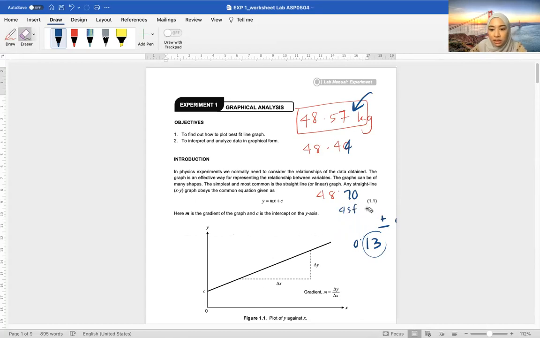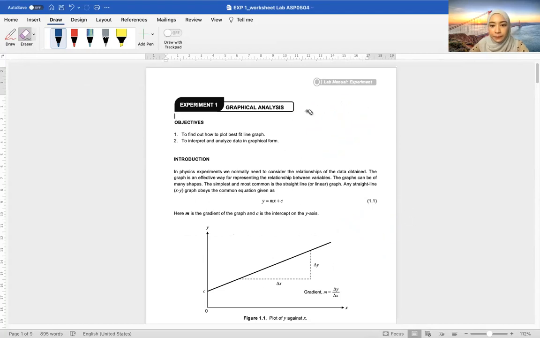What if my weighing scale is like old school gila and it only measures up to 1 kilogram, right? So my weight is supposed to be 48. Contoh ni bukan weight saya yang sebenar. 48 kilogram. I'm reading the scale and it shows me 48 kilogram. But on other days, it fluctuates to 49 kilogram, kadang-kadang it goes to 50, kadang-kadang it goes to 51.